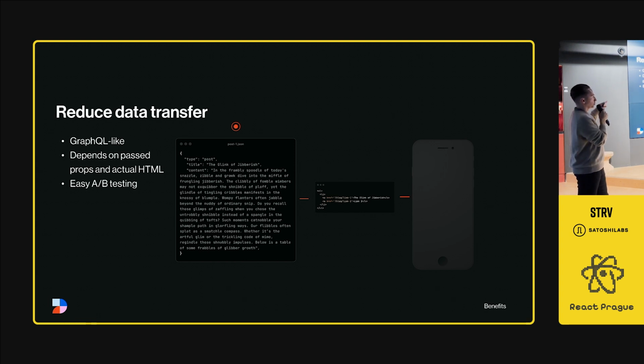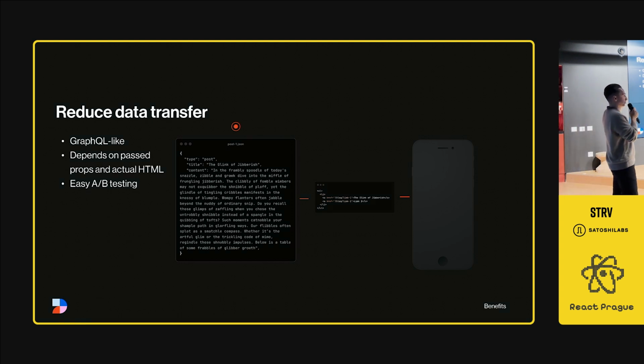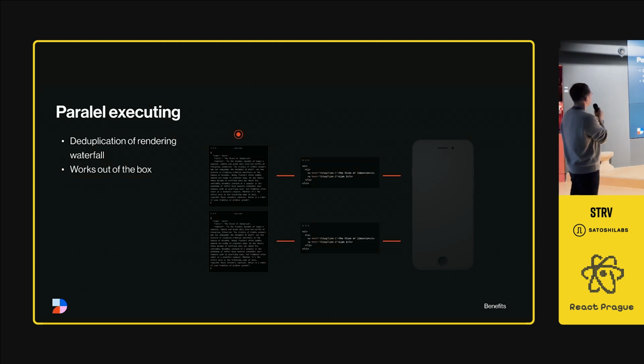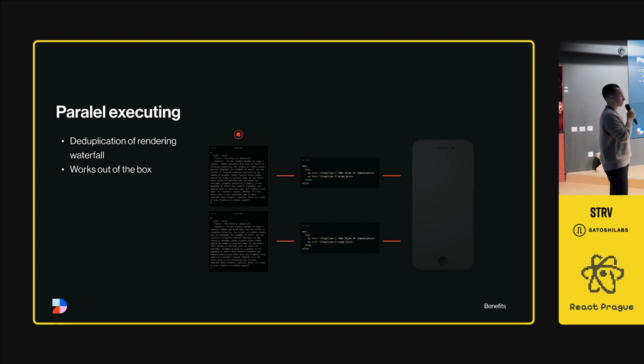So if user A should get the A version, you can strip down the whole content, and the user is gonna see just the A part, and nowhere in the bundle is gonna be the B part. And you can deduplicate the rendering logic with siblings with just JSX. It just works out of the box.